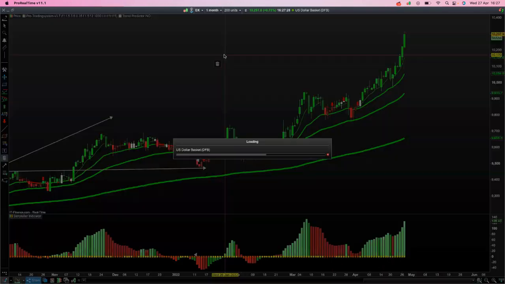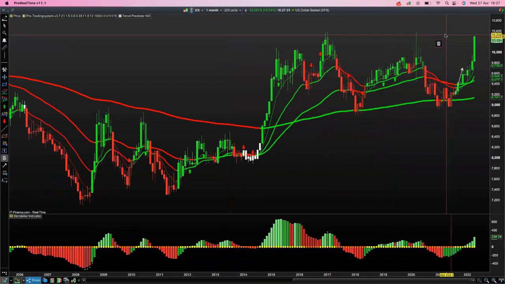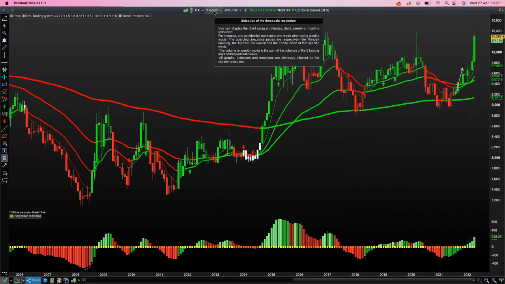But just wondering again, we're hitting this key area of resistance. We've got a little bit of a triple top here, another 100 odd pips to go, and then maybe we see a turnaround in the dollar here.